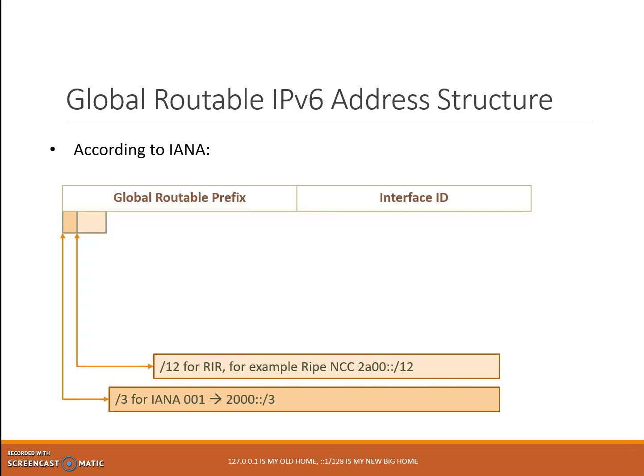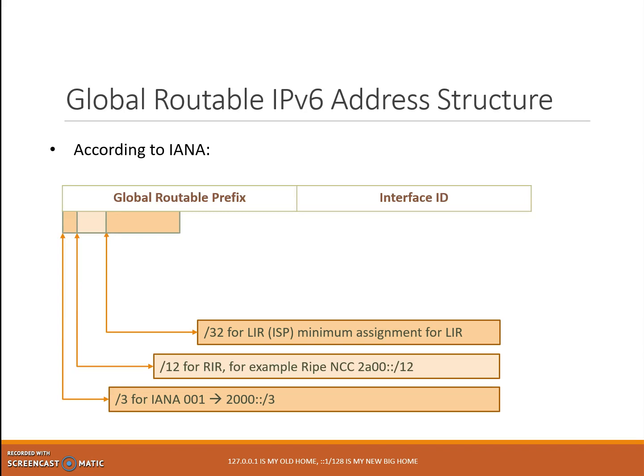This is for the regional internet registry. For example, the RIPE NCC now takes 2A00::/12, and the other RIRs take different values. Then /32. This is for the ISP, which according to RIPE NCC is the minimum assignment, as we will see.